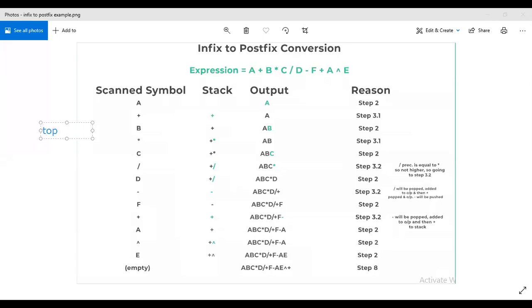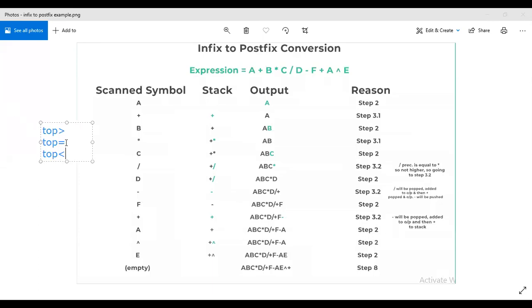Top is having more preference. Next, top is having equal preference. Next, top is having less preference. The operator on the top of the stack is greater than the operator which I scanned.